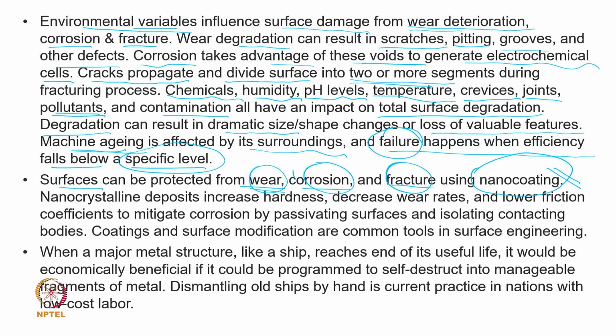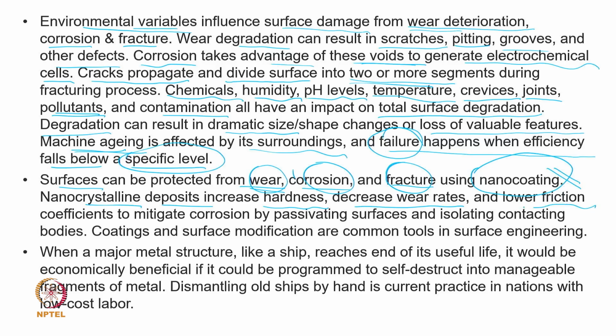Now, nano coating can be crystalline or non-crystalline. If it is a nano crystalline deposit, what will happen? It will increase the hardness of the surface. So, the wear rate reduces, and because the wear rate is coming down, there is a possibility to prevent corrosive or chemical attack, and there is a possibility to reduce the fracture.